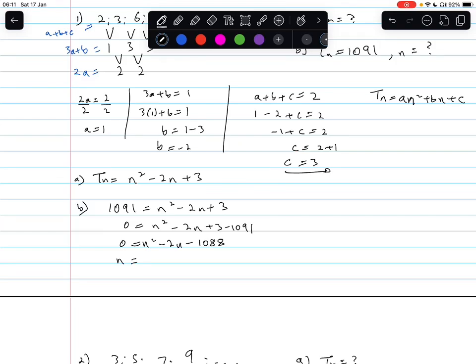negative b, substitute, just give me a second.